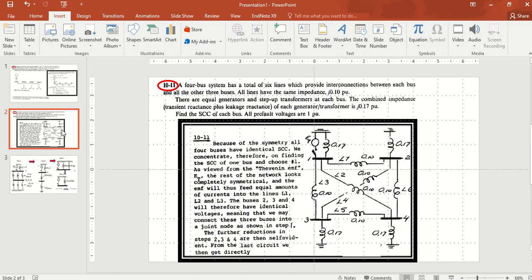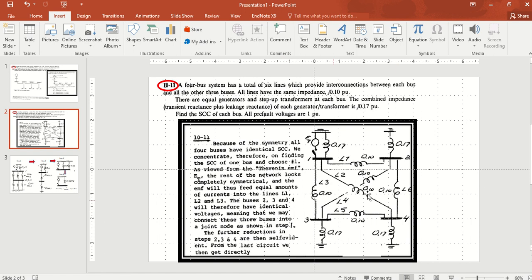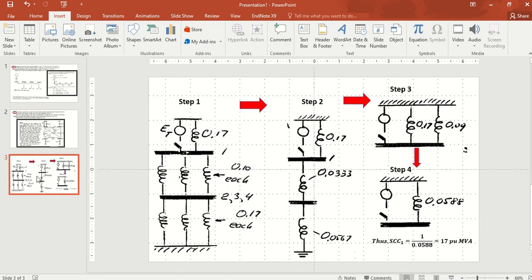So if you are to find the SCC, these are the steps that you are going to follow to come to a Thevenin reduced circuit to find your SCC at a particular bus that you require. For us, everything was symmetrical here. For your case, I don't think it will be symmetrical, but this is the procedure that you are going to use. Is that clear? I hope this gives you a little bit of an idea of what you have to do.